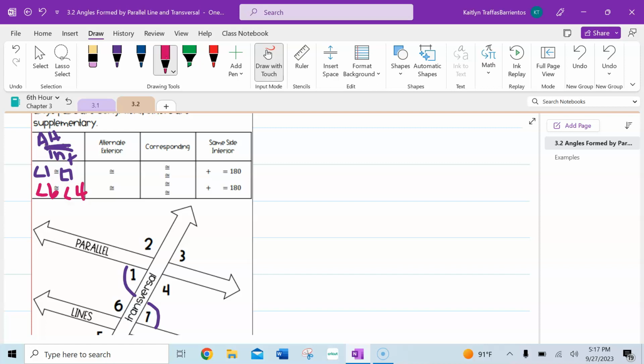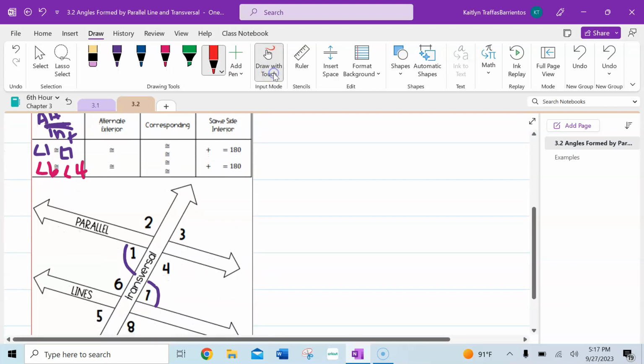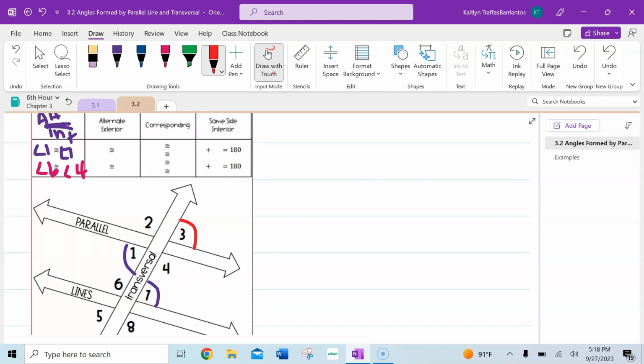What's cool here is that we also have alternate exterior angles. These are also going to be congruent. For example, if I take an exterior angle like angle 3, since it's alternate, we hop across the transversal and go down to the other intersection, but stay on the exterior. So it's angle 5.